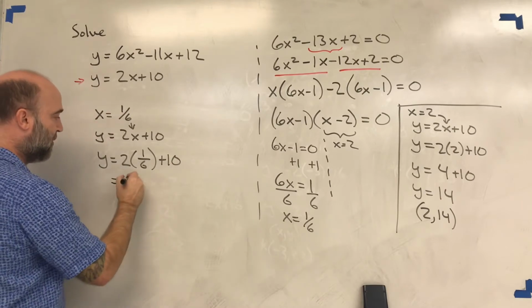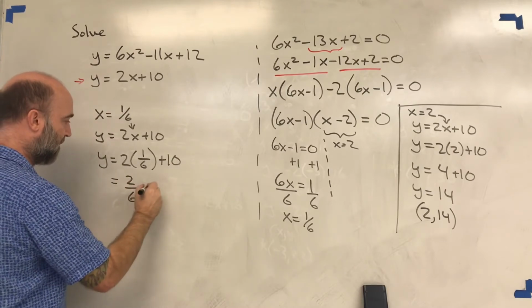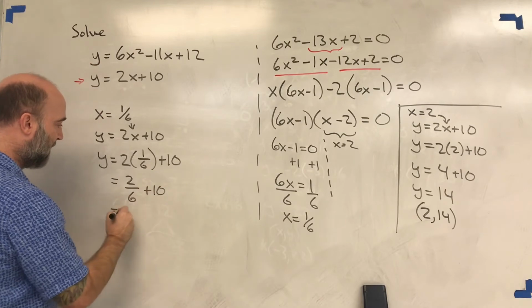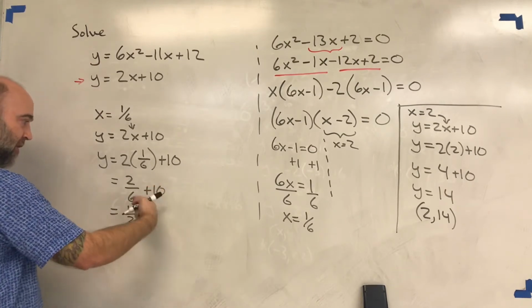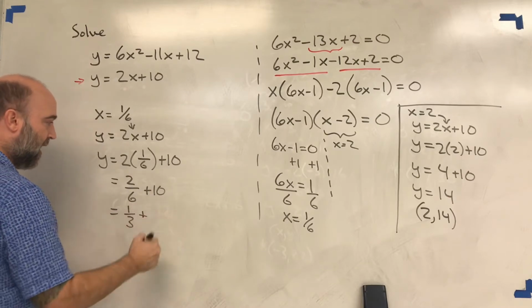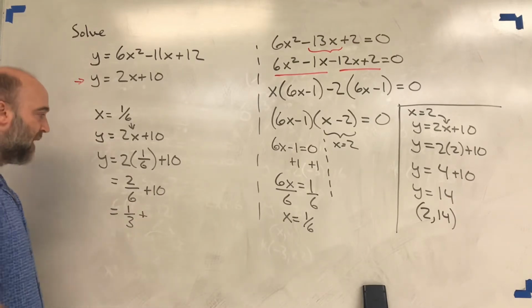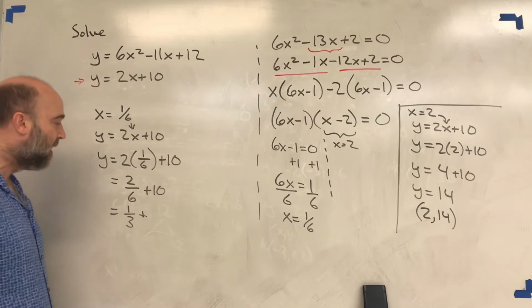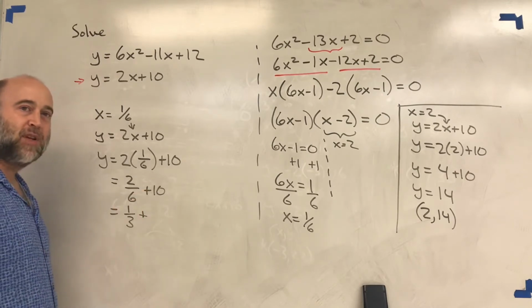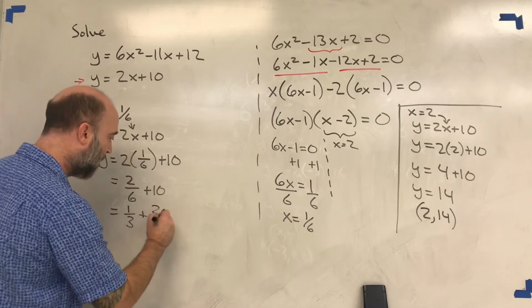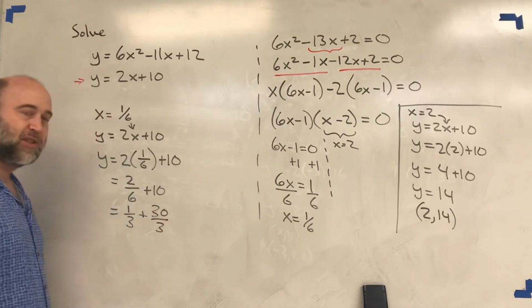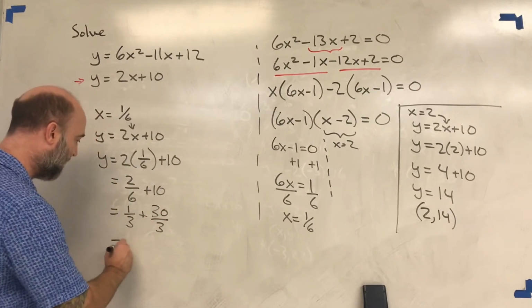This is equal to 2 over 6 plus 10, which is equal to 1/3. 2 goes into 2 once, 2 goes into 6 3 times, plus, let's change 10 into a common denominator with 3. So what would 10 be as a common denominator of 3? 30 over 3. All right, just making my life a little bit easier.